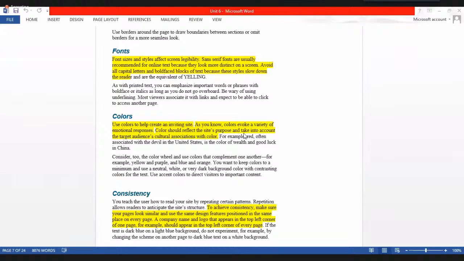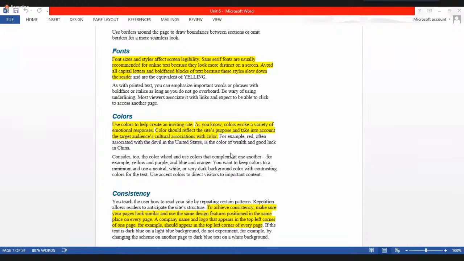That is also clarified by color, and take into account the target audience's cultural association with color. So who are your targeted readers? And what is the importance of that particular color according to the culture and where the readers belong? So what is its association? What is the reader's cultural association with the color? That must be clear to you.